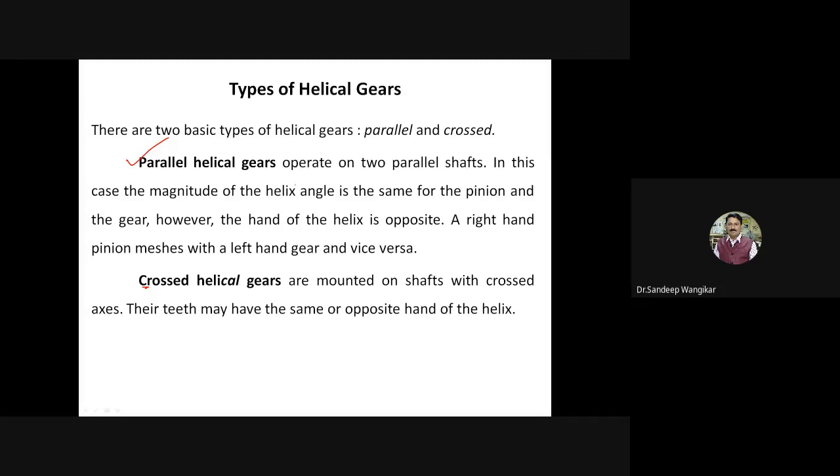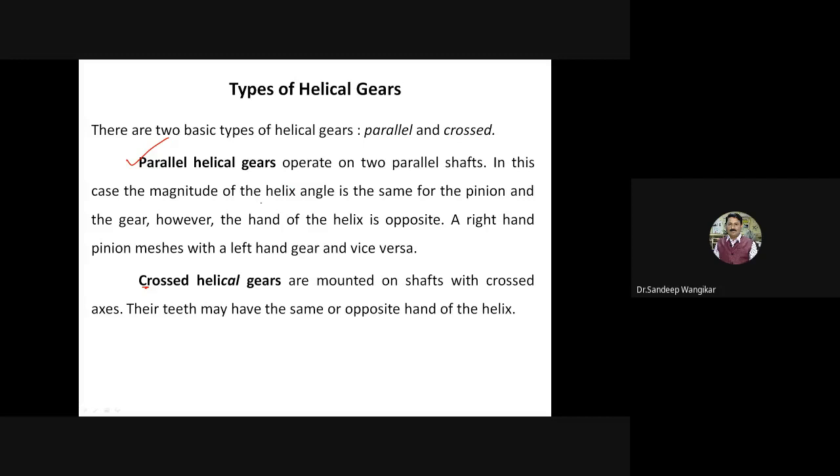In this case, the magnitude of helix angle is the same for both the pinion and gear. However, the hand of helix is opposite. The right hand pinion meshes with left hand gear and vice versa. This should be there, otherwise if both hands are the same, they will not mesh. For meshing, one hand should be left and one hand should be right, then only they will mesh with each other.